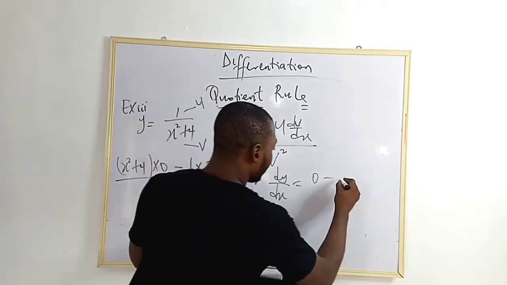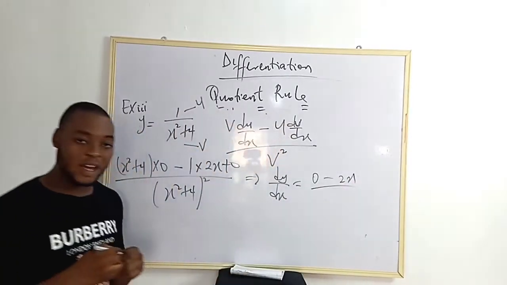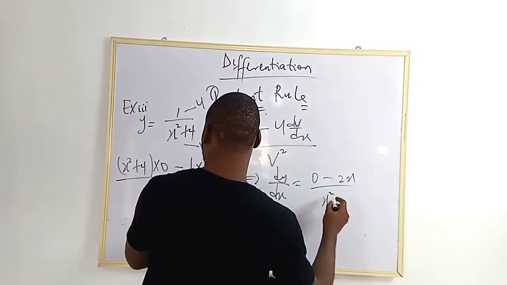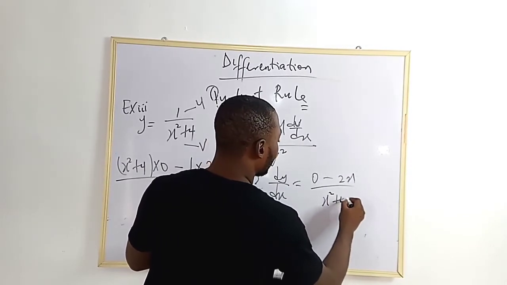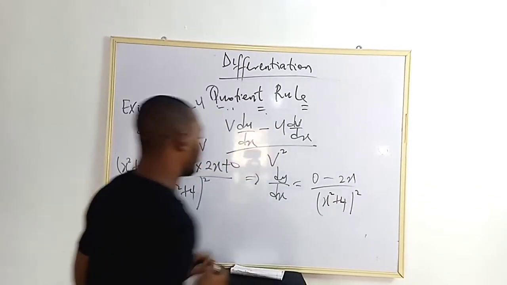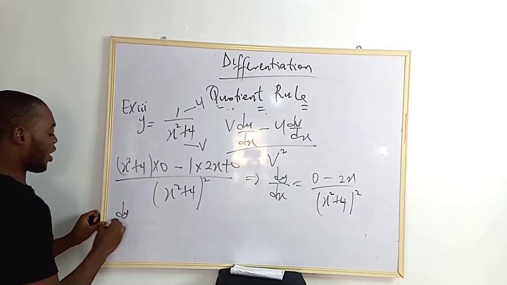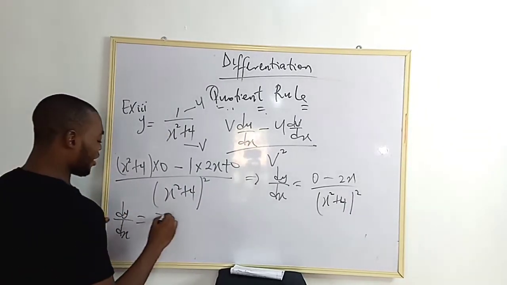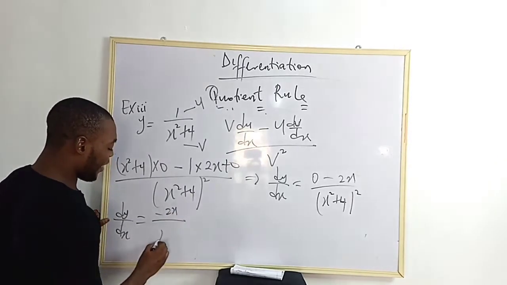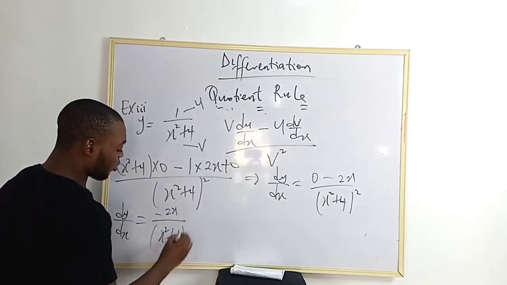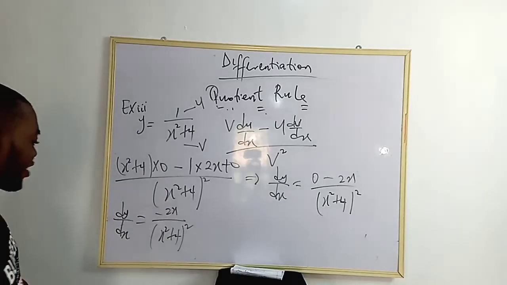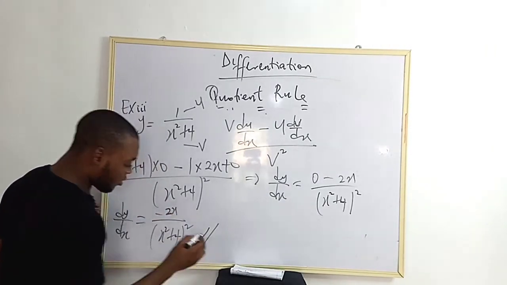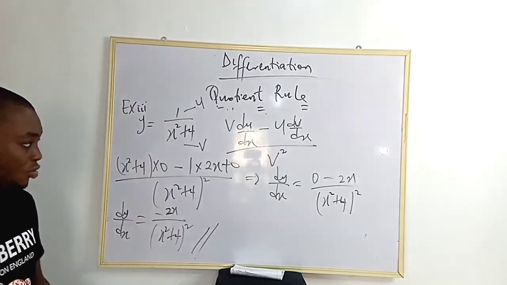That's 2x, all over x plus... x squared plus 4, everything squared. So dy/dx equals 0 minus 2x, that's minus 2x, all over x squared plus 4, everything squared. That is the derivative of this.